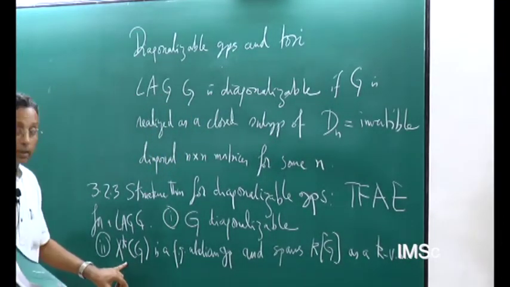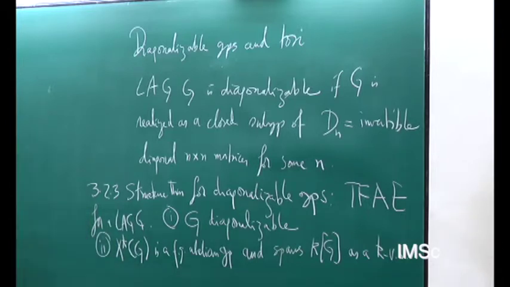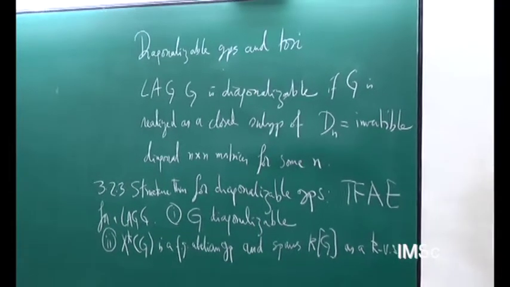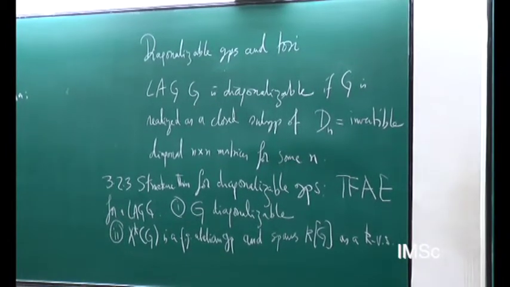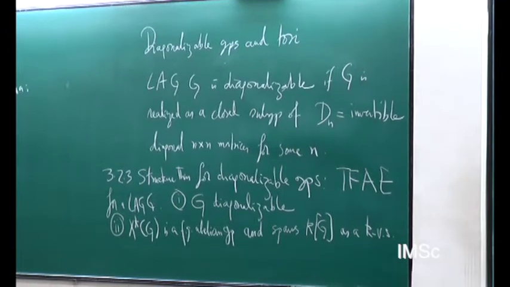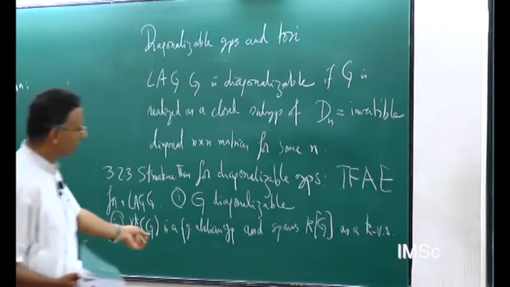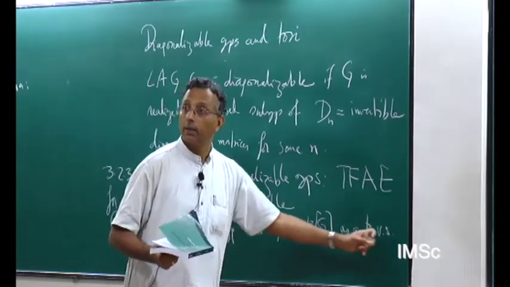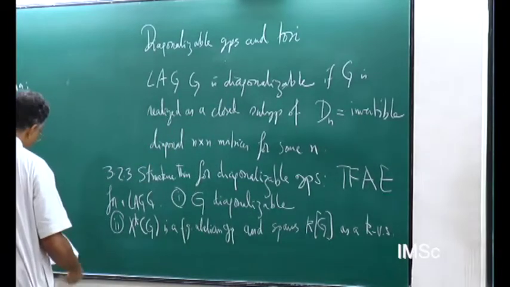So characters are, in particular, what are characters? They are maps from G to Gm. Gm is just k star. So these are morphisms from G to k star, and you can think of them as in particular morphisms from G to k. So they are functions in particular. So as functions, they span this k vector space.